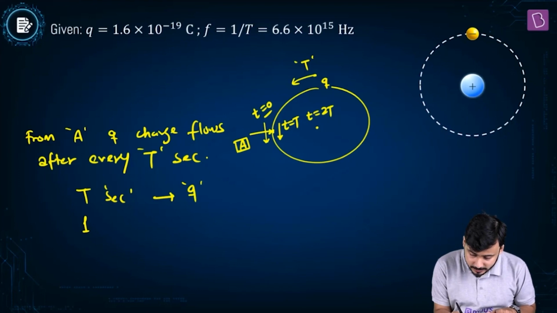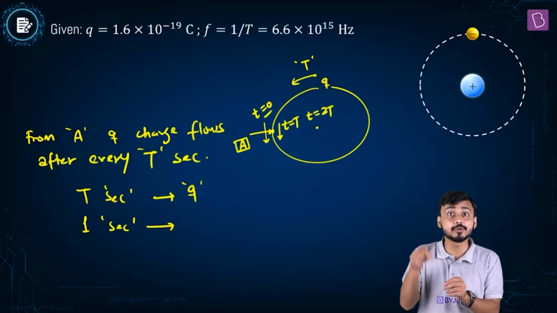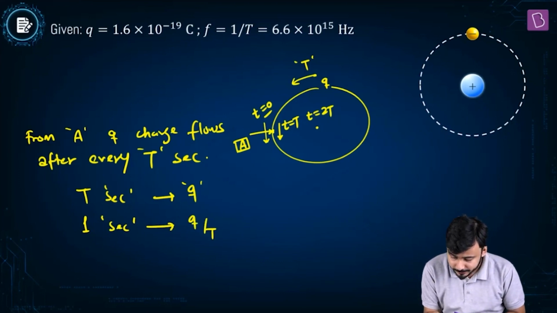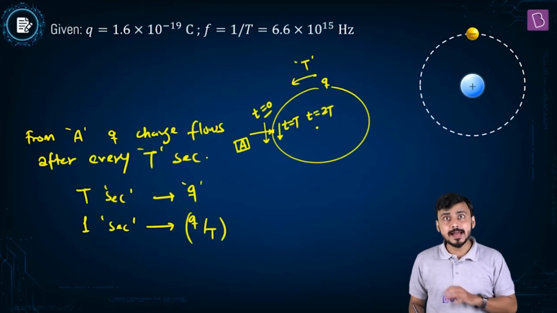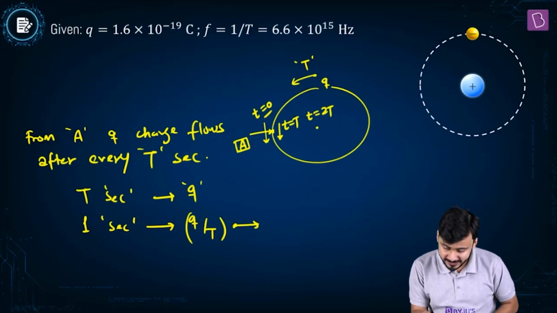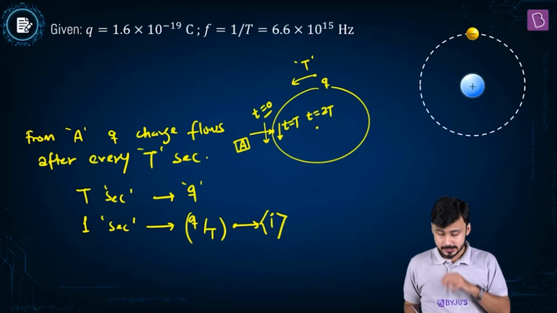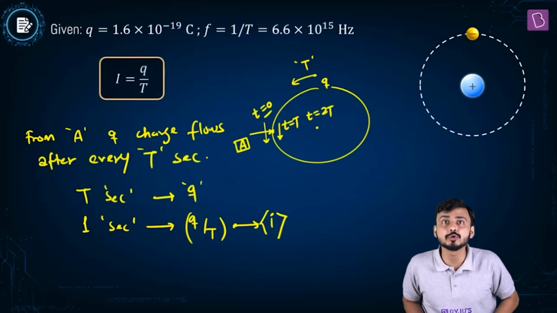So in 1 second, the amount of average charge flowing through a particular point will be Q by T, right? So that's why the equivalent current in the circular path at any point will be Q by T. That's the I average, the equivalent current due to the flow of charge. So that's why we write this formula, I is equal to Q by T.